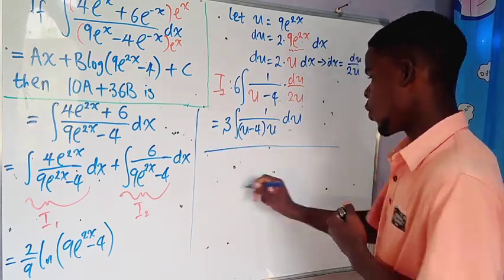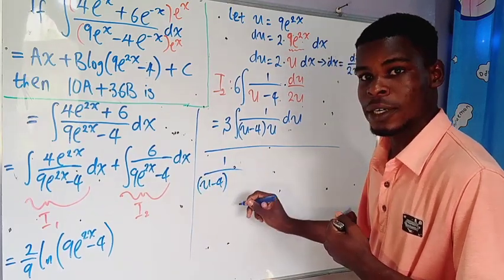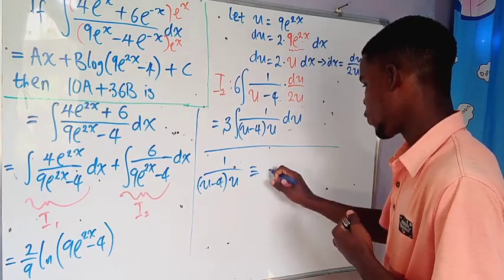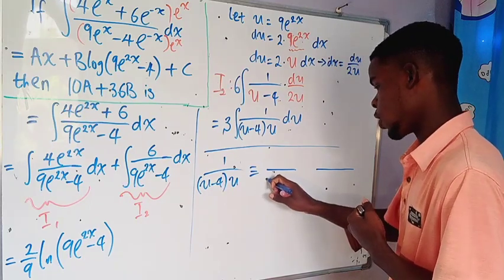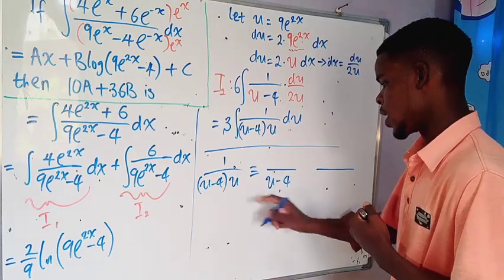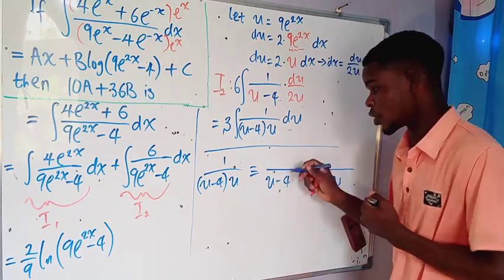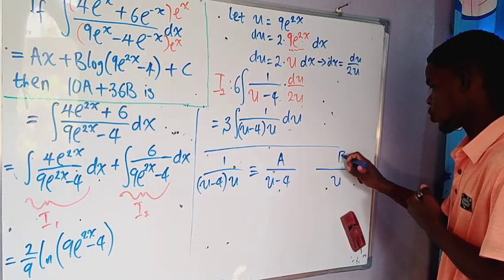So let's see. When we have 1 over u minus 4, right, we have that times u. In fact, we will have to write this in this way. Well, you put down the first factor, which is u minus 4, and then we put down the second factor, which is just u. You notice this is linear, that means the numerator must be a constant term. This right here is also linear, that means the numerator must also be a constant term.